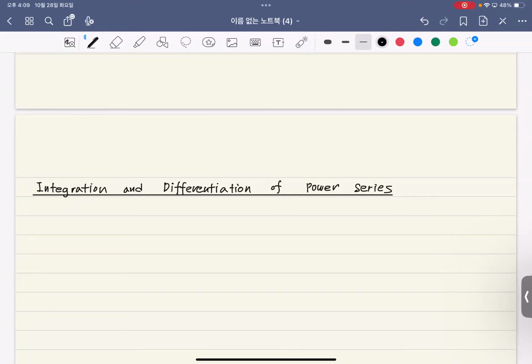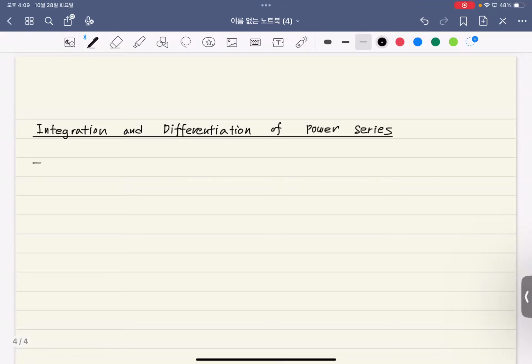So being able to differentiate or integrate a polynomial will also give you the idea of how to find the differentiation and the integration of the function given by the power series. So that is the idea. So first, I want to discuss the integration of a function given by the power series.